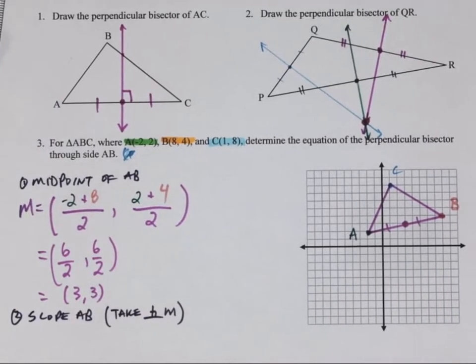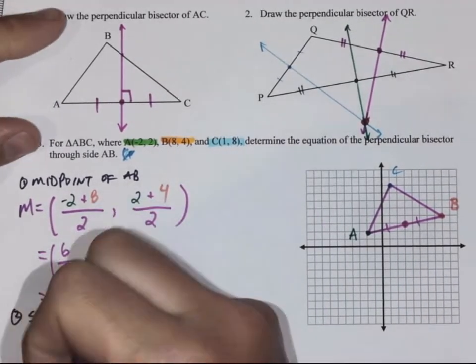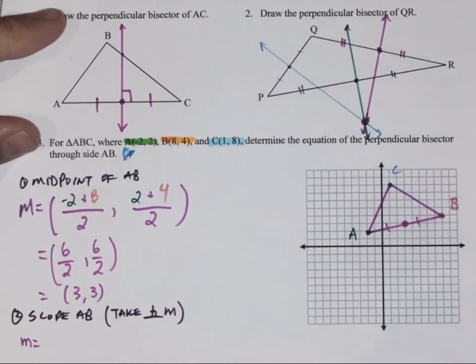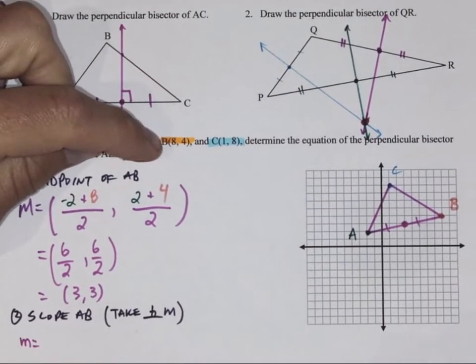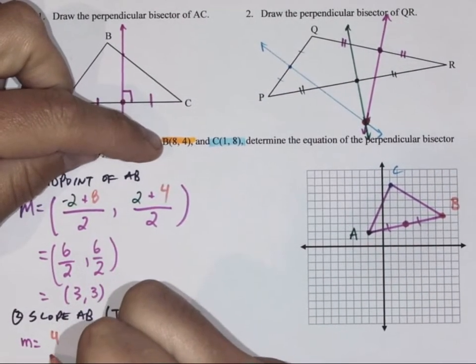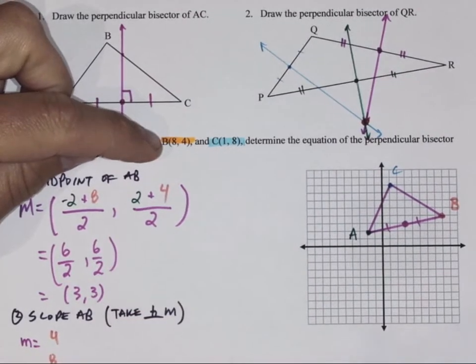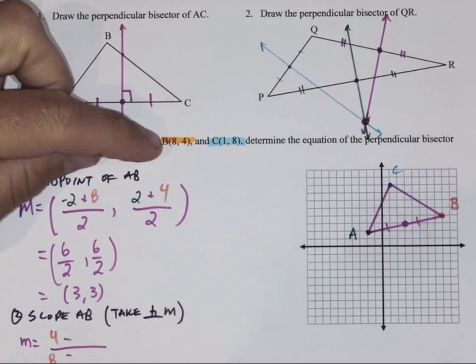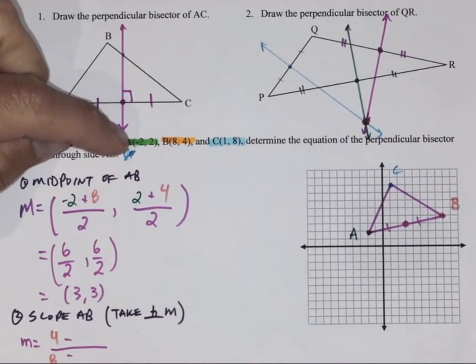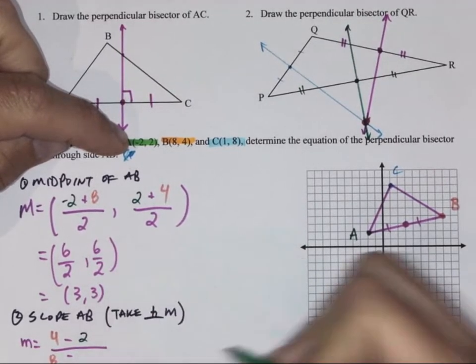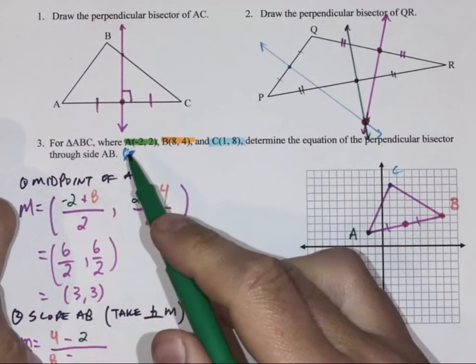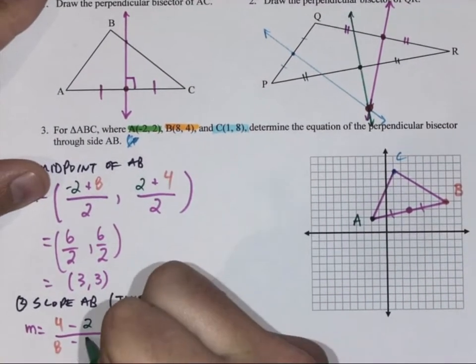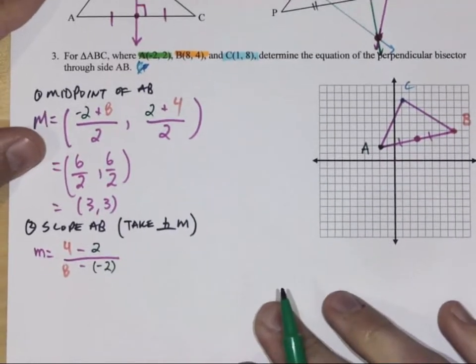So, slope of AB: y2 minus y1 over x2 minus x1.